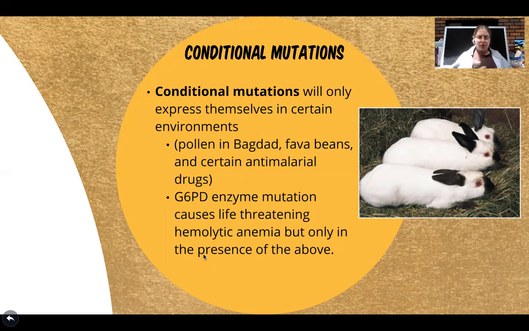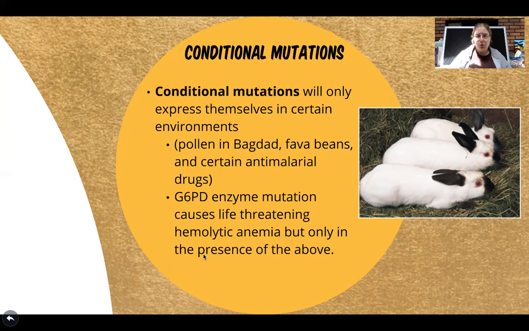Now, what happens with these is, specifically, it's in the G6PD enzyme. And there's a mutation in the gene for that enzyme. Now, here's the thing. If you're not exposed to any of those, then the mutation does not get affected. It's just going to keep doing what it does normally.